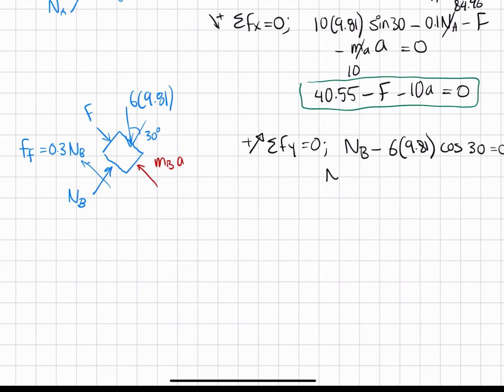This is nice and simple. NB is equal to 50.97 newtons.